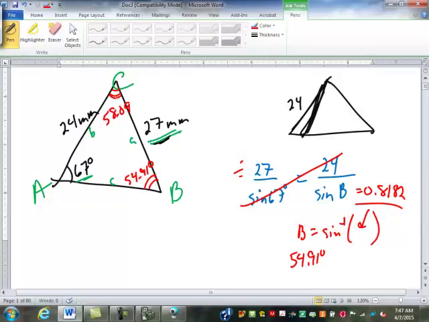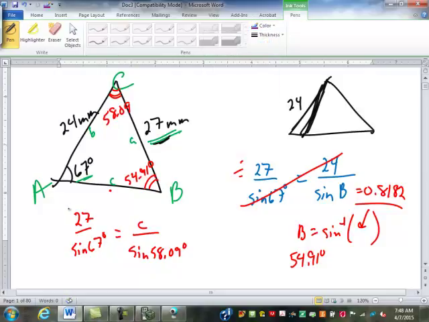So now that we have that as 58.09, we know that this side is going to be somewhere between 24 and 27, because that angle is between the 54 and the 67. So we're going to go back to the 27 over sine of 67. Remember, we always go back to information that's given to us whenever we can. Then we've got C over the sine of 58.09 degrees.